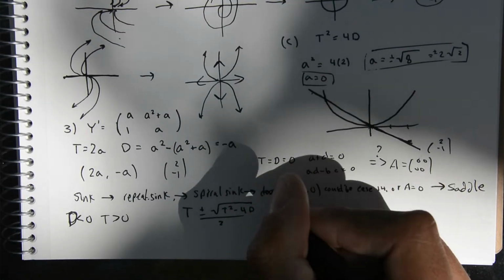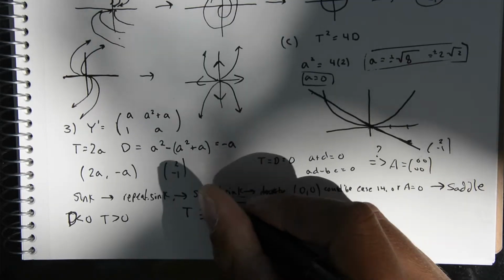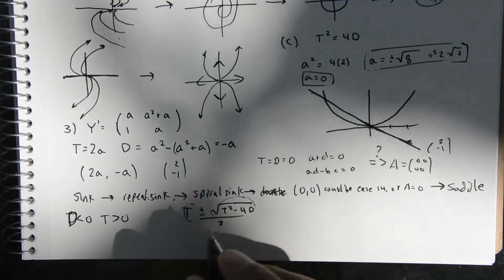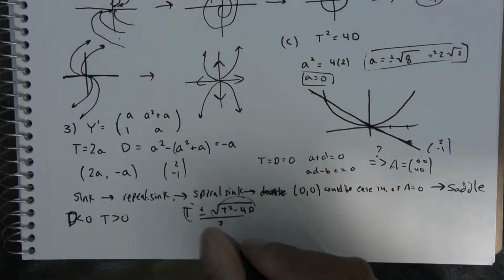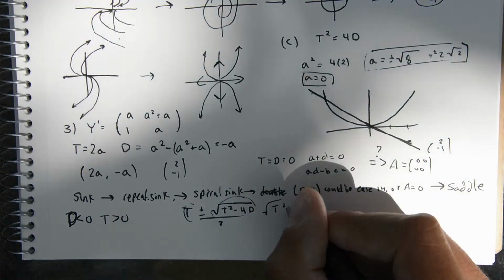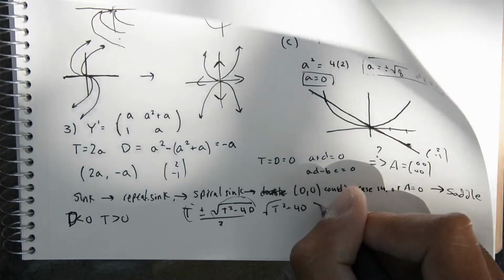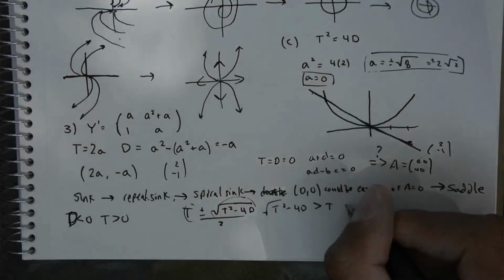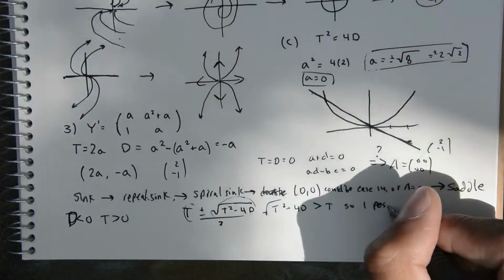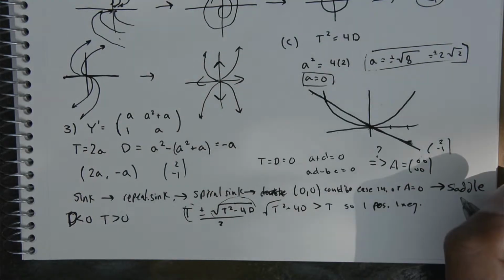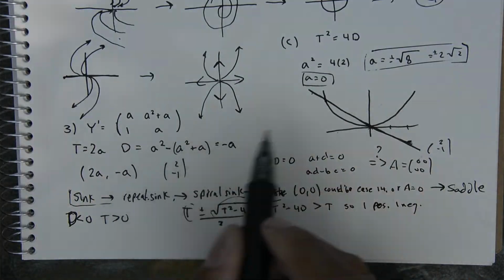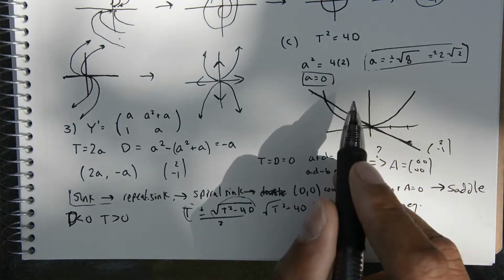So this is going to be plus, and this is going to be plus. Wait, is that right? Oh, but the square root of t squared minus 4d is going to be greater than t. So we have one positive, one negative. So yeah, we got a saddle. All right, so this is that. Then what did we need to do? We needed to figure out what the bifurcation values are.